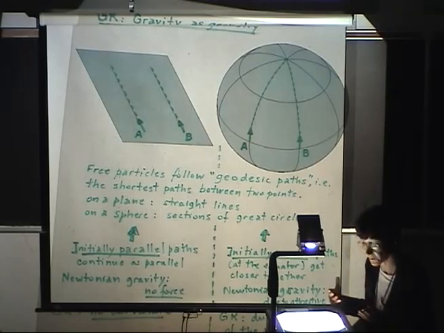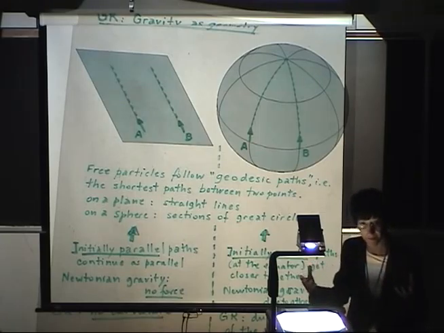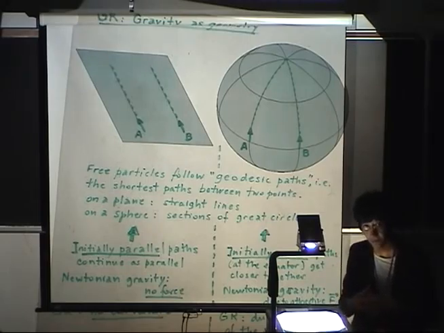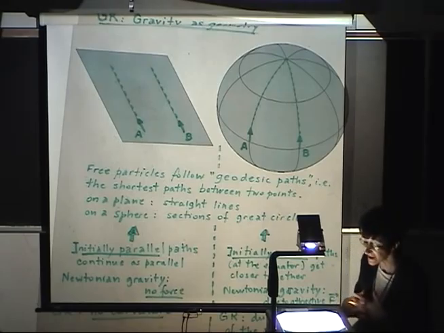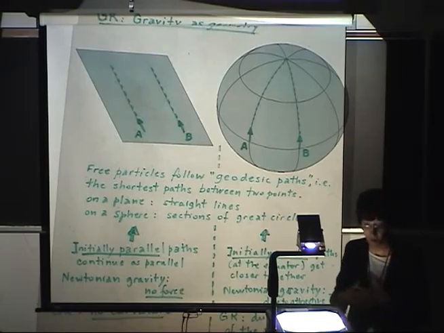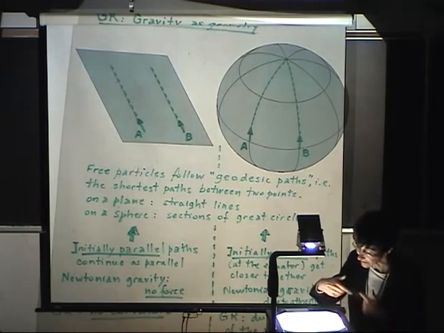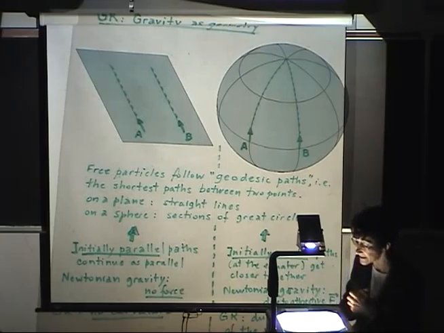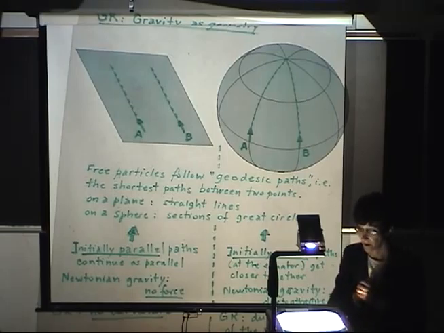But on Earth, if you follow the path of planes that try to move in the straightest path possible between 2 points, this geodesic, or straightest path possible, are sections of great circles.